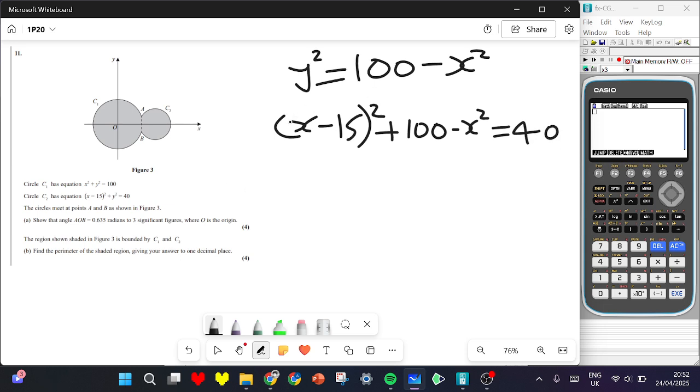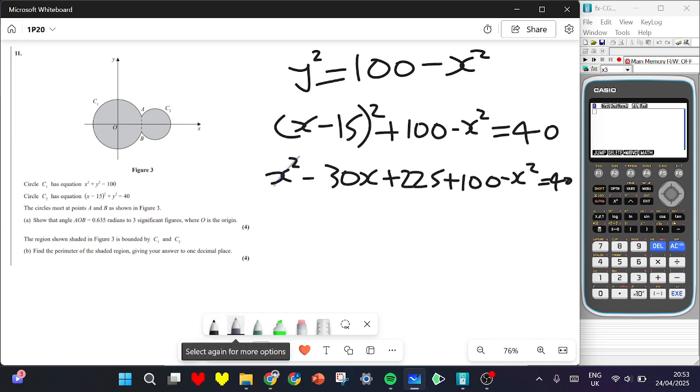Now you can expand the brackets out, which gives x squared minus 30x plus 225, plus 100 minus x squared equals 40. There's an x squared and a minus x squared, so those will cancel out.